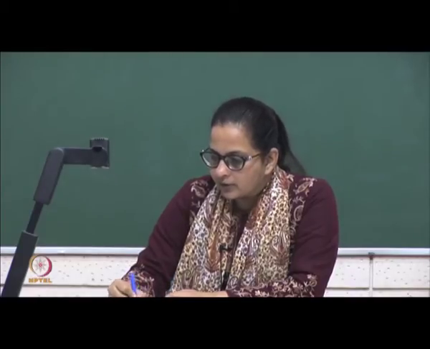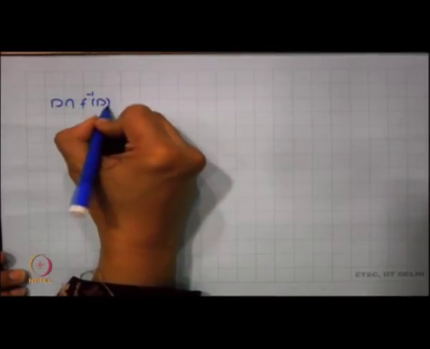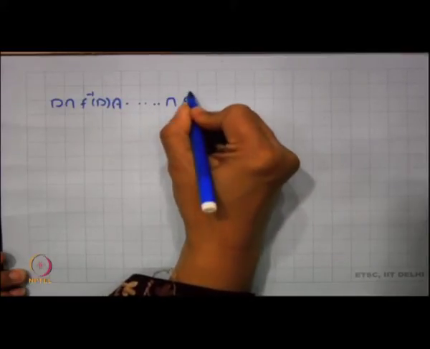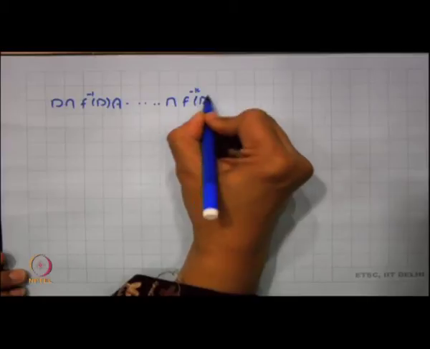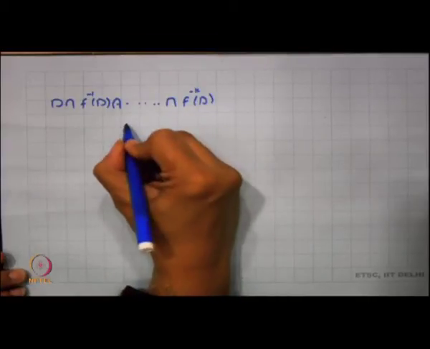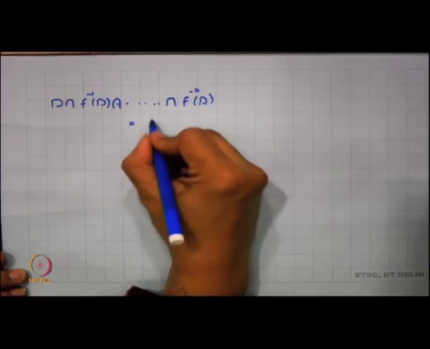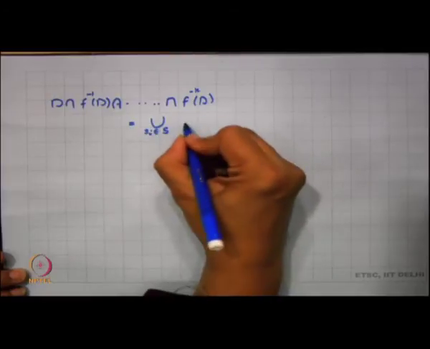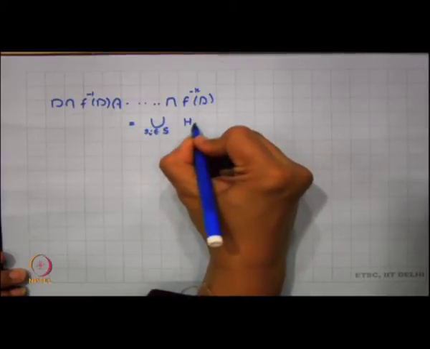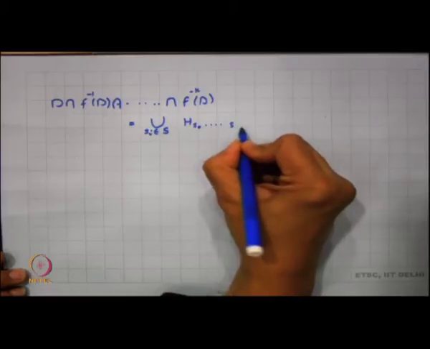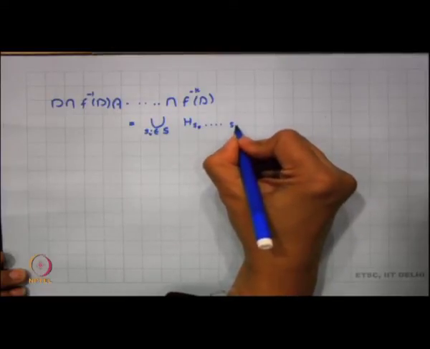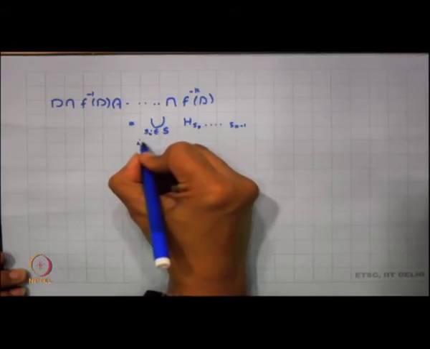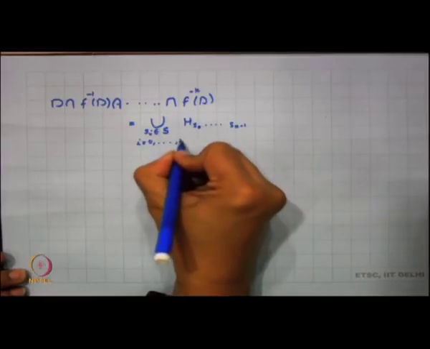So, D intersection F inverse D intersection F minus k D, what happens at this kth stage? What I get here is a union over S_i belonging to S, with H of S_0 up to S_{k-1}, where i varies from 0 to k minus 1.